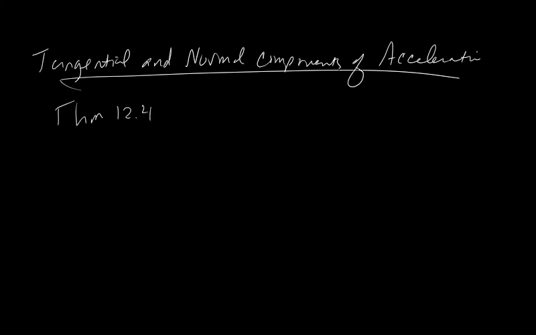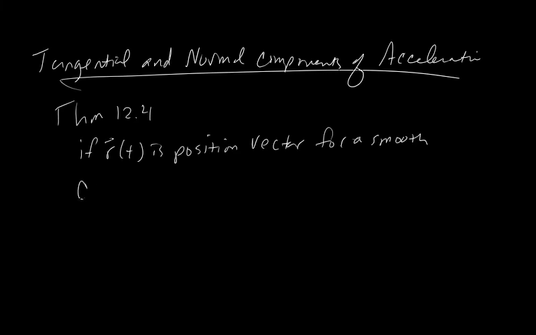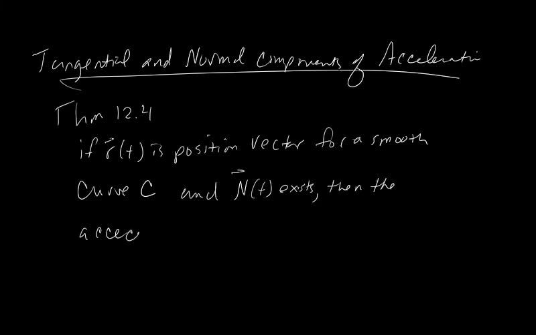It says that if r(t) is the position vector for a smooth curve C, and N(t) exists, not N prime, N(t) exists, then the acceleration vector A(t) lies in the plane determined by the tangent vector and the principal unit normal vector.